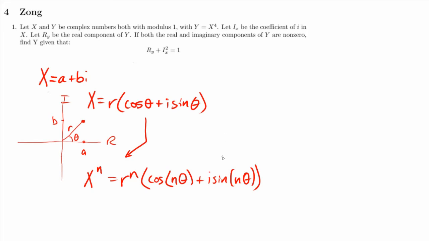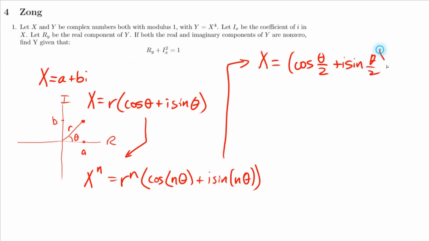So let's try to denote both x and y in polar form. I'm going to denote x as, and we know modulus 1, so r is just going to be 1. So we're left with cosine theta over 2 plus i sine theta over 2, and I'm going to explain why I am using theta over 2.